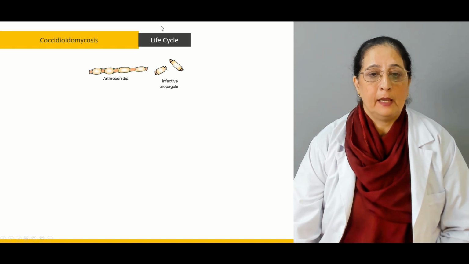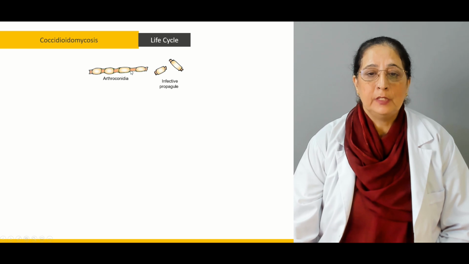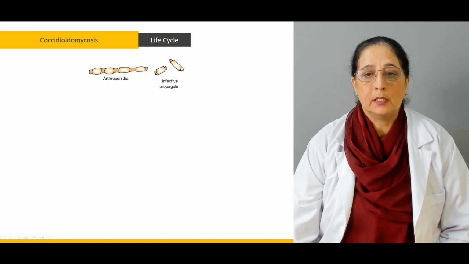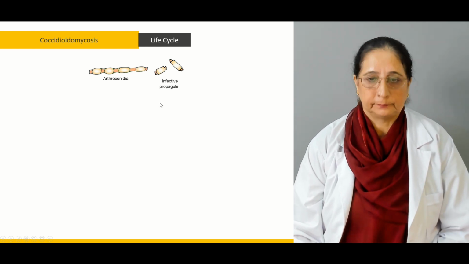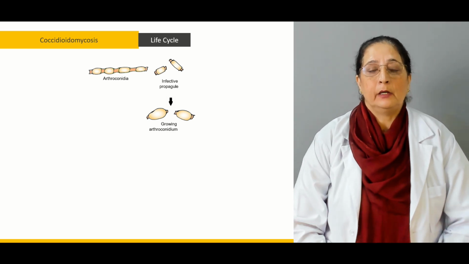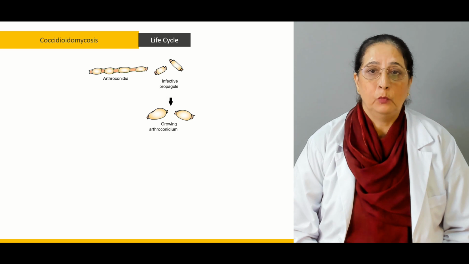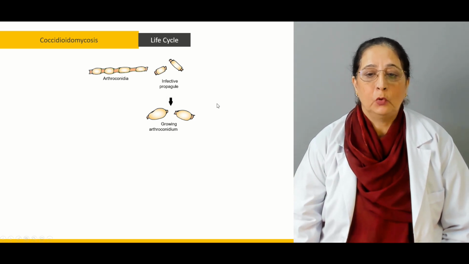So first we have arthroconidia, and these, if you see, are just the broken parts of arthroconidia known as infective propagules. These infective propagules form growing arthroconidium.